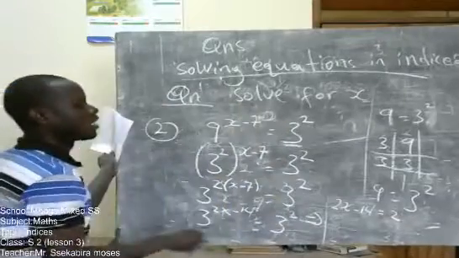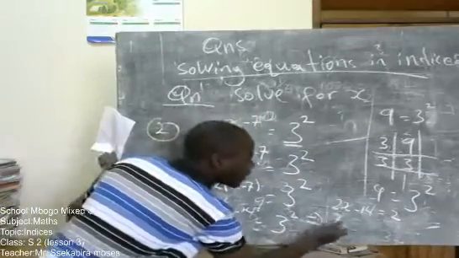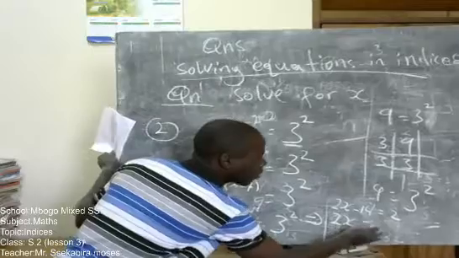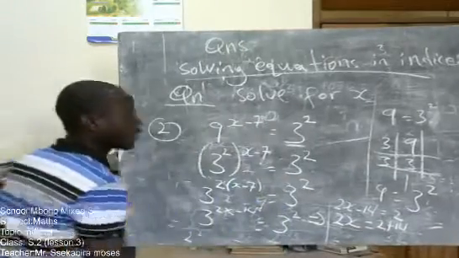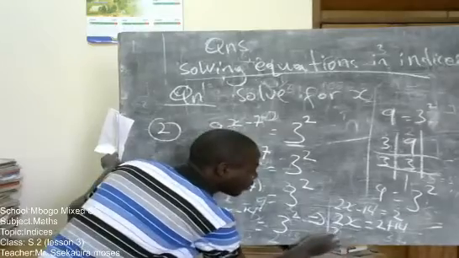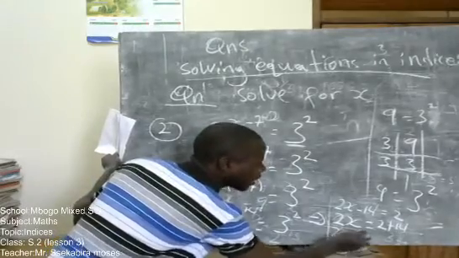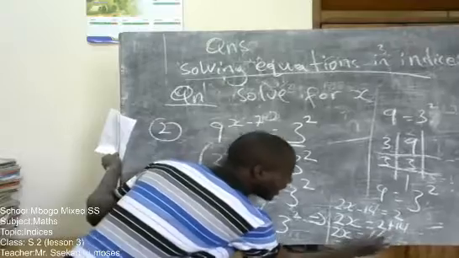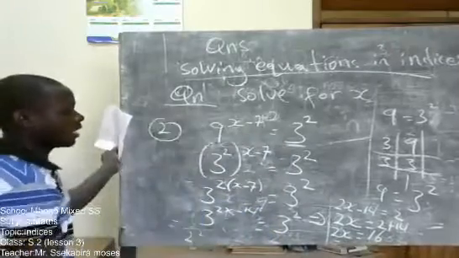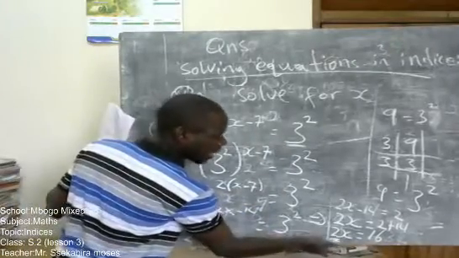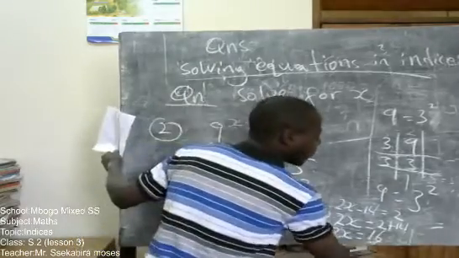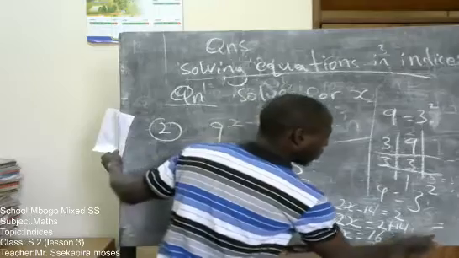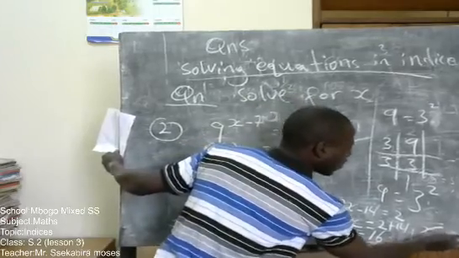Now we solve this equation. We get 2x is equal to 2 plus 14. 2 plus 14, what do you get? 2x is equal to 16. Now to get x, we simply divide by 2, and we come up with x is equal to 8.